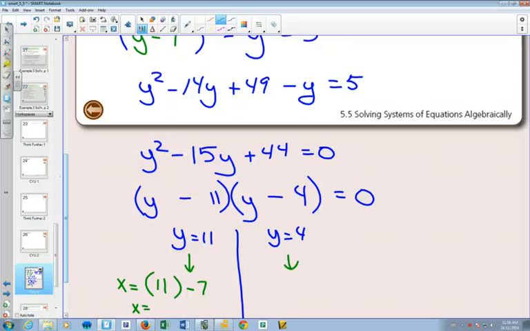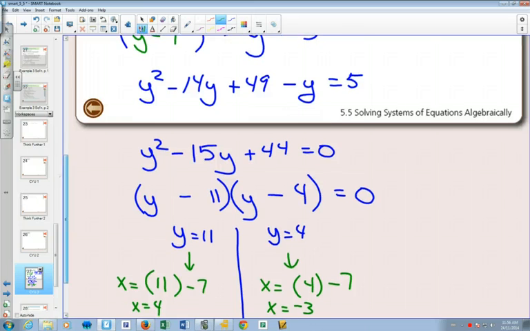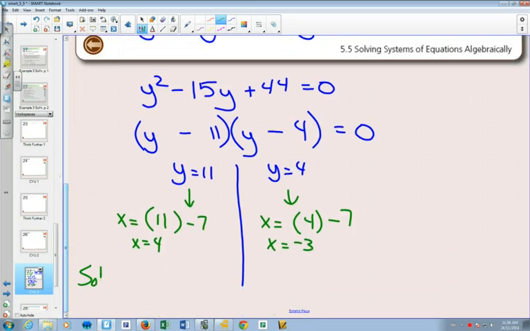For this one, you would get x equals 4. And in this one, you would get negative 3.